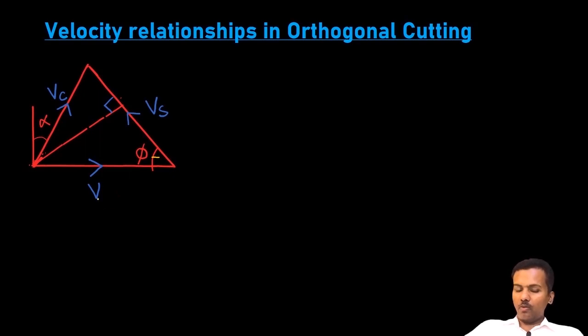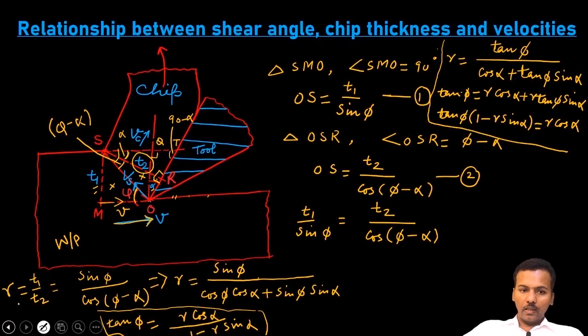So this one is the relative velocity between the work and tool, or you can say the cutting velocity. This is the shear velocity, and the chip is flowing. You see that here, again come to this slide, the chip is flowing along this direction in contact with this plane.